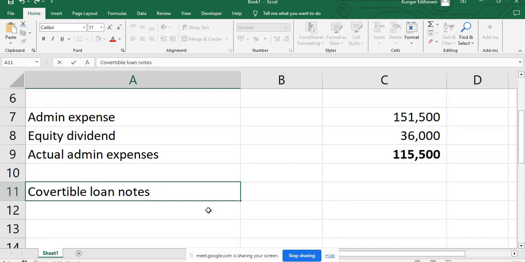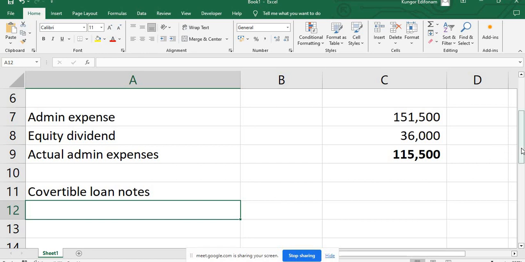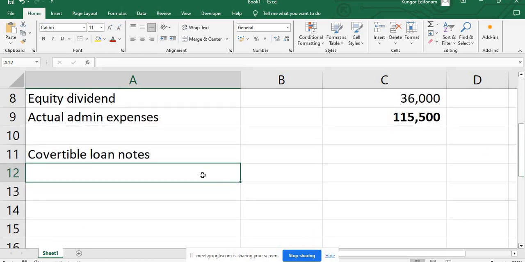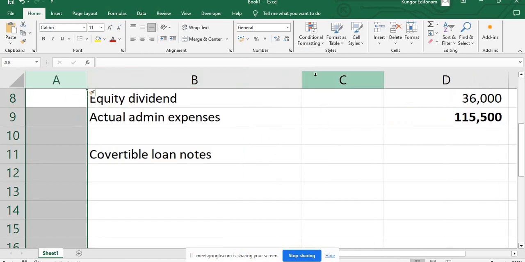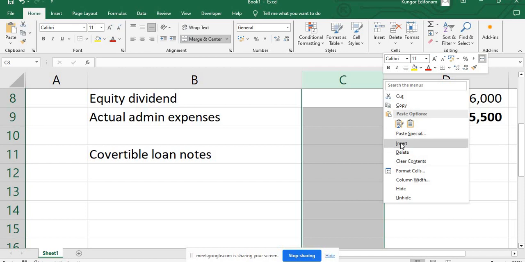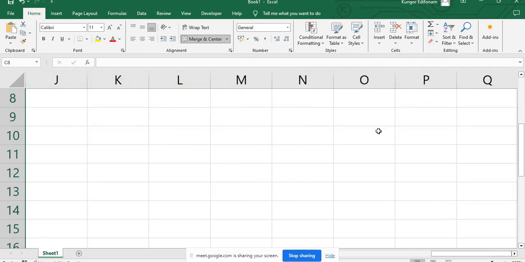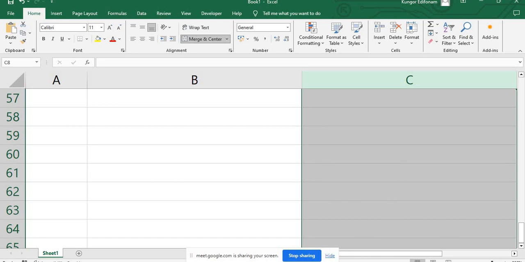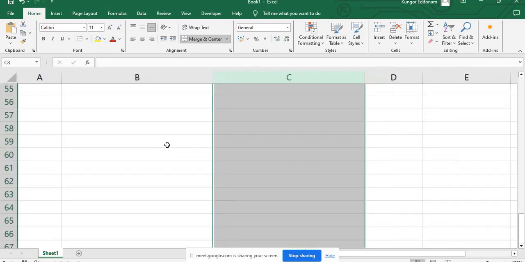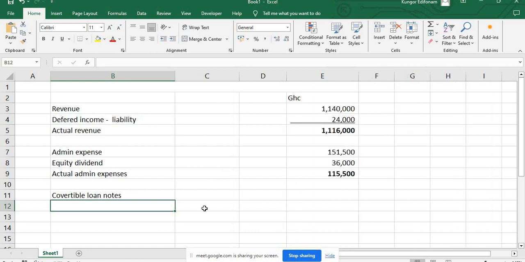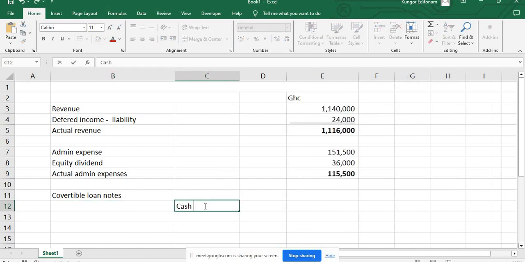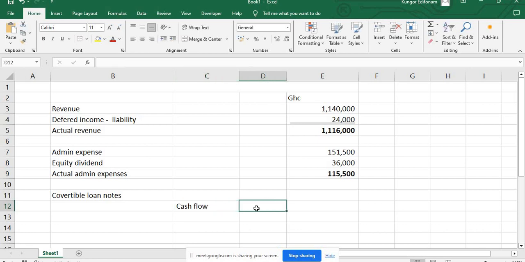The first thing we have to do is look at our cash flow. We'll have our cash flow, then we'll have our discounting factor, our discount.